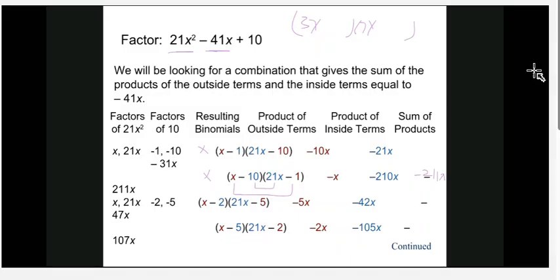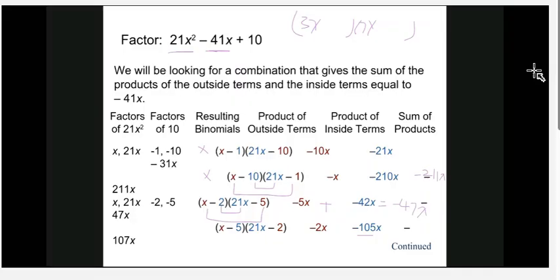Negative 2 times negative 5 will be positive 10. But apparently this one didn't work either. If you multiply these two together, you got negative 42x. Multiply the outer, you got negative 5x. If you add these two together, you got negative 147x. So it did not work.